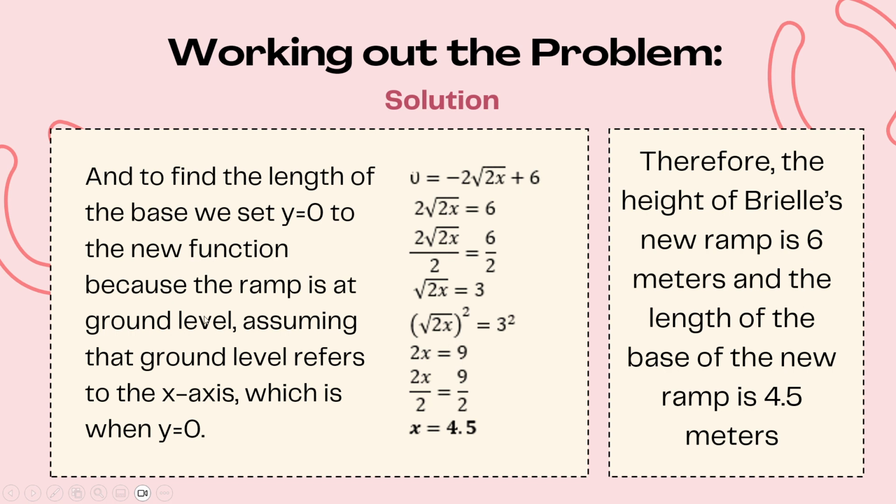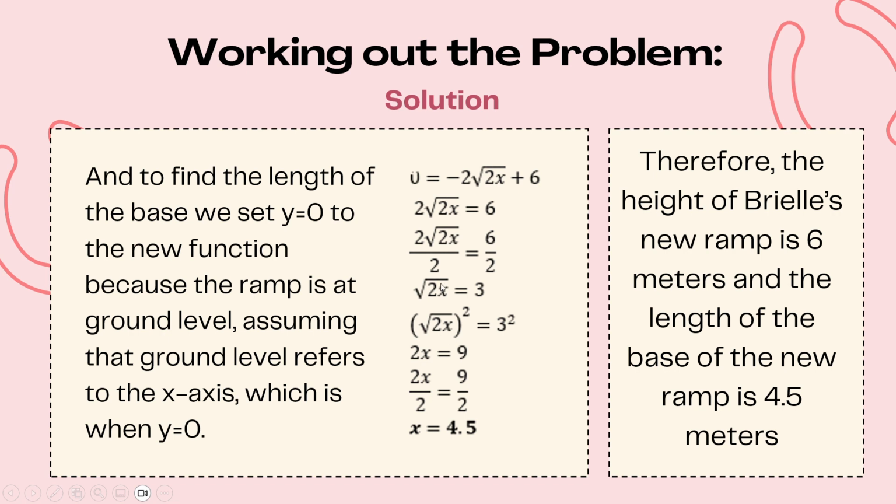And to find the length of the base, we set y equals 0 in the new function because the ramp is at ground level, assuming that ground level refers to the x-axis, which is when y equals 0. So when y equals 0, negative 2 square root of 2x plus 6 equals 0, we add 2 square root of 2x to both sides, which cancels this. Then we divide both sides by 2. 6 divided by 2 is 3.